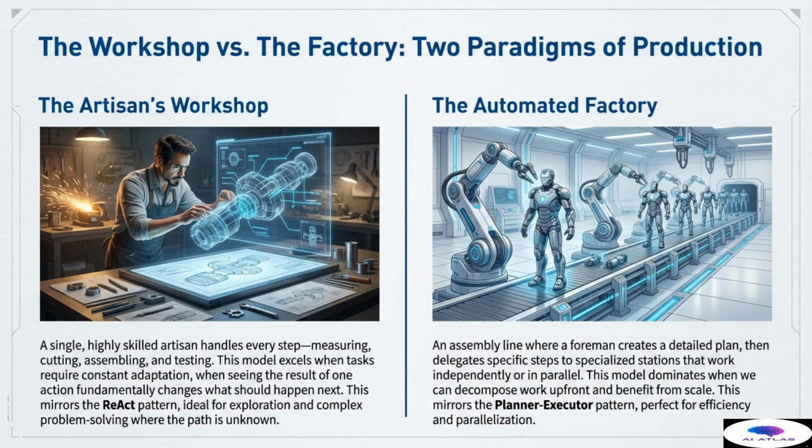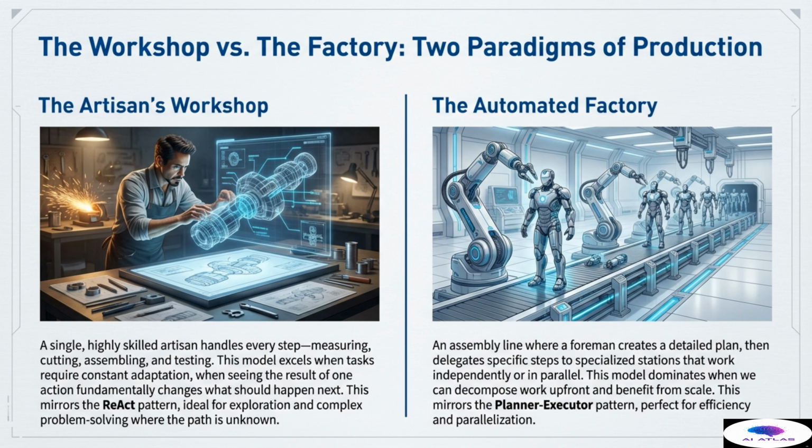Let us start with the core analogy that defines our architectural choices: the workshop versus the factory. These two paradigms represent the fundamental choice we make when designing an agent for a specific task. On the left, we have the artisan's workshop. Here, a single, highly skilled artisan handles every single step: measuring, cutting, assembling, and testing.